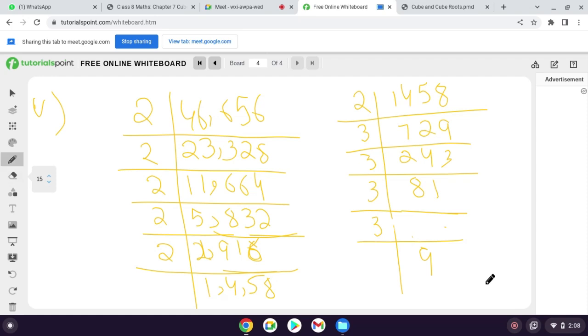Three 2s are 6 and then 27. So the 27 here, 3 3s are 9 and the 3 1s are 3.